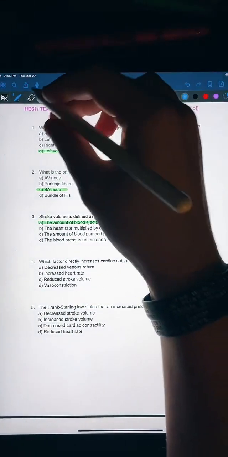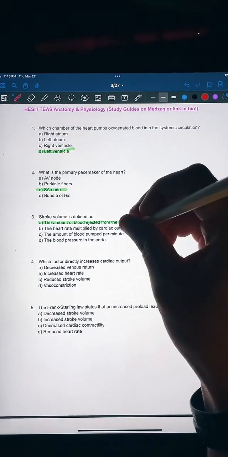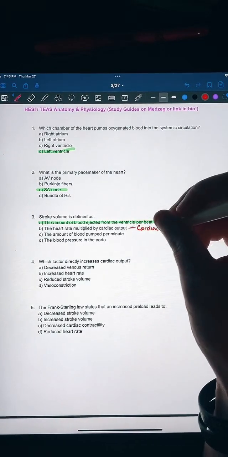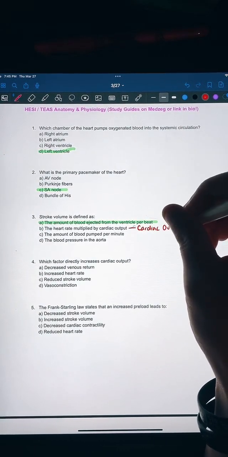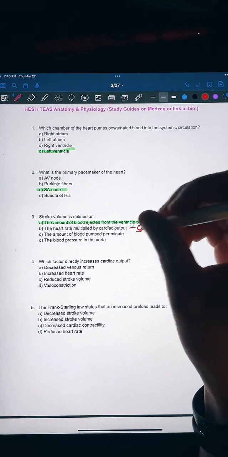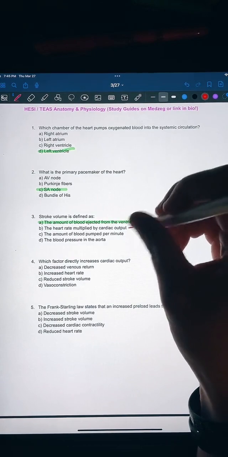B is cardiac output. So CO, or cardiac output, is heart rate multiplied. Oh, wait, no, hold on. That's in the answer choice. Times stroke volume.